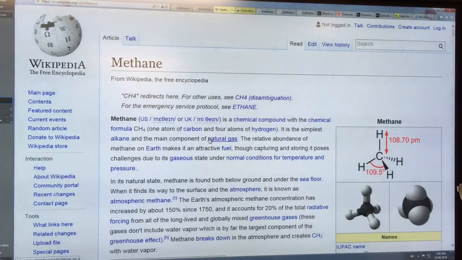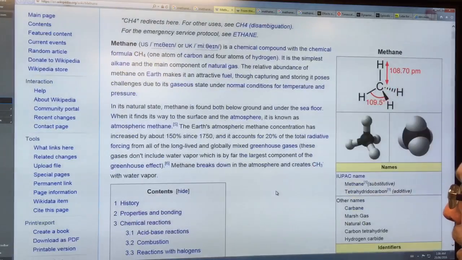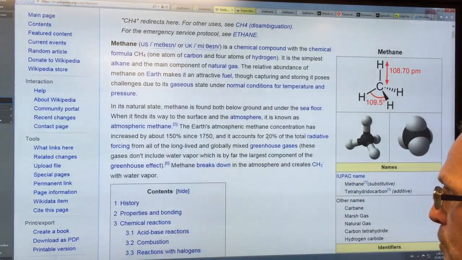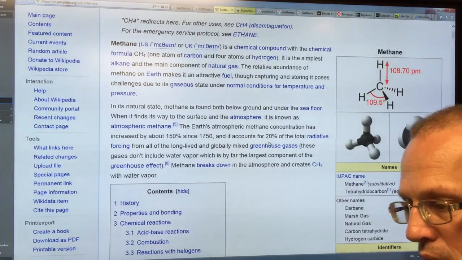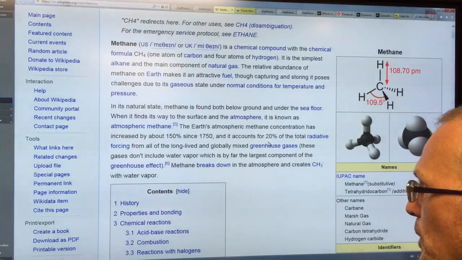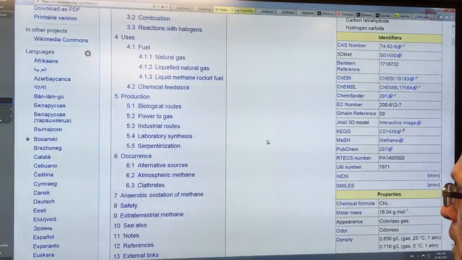But the problem is when it leaks, then it causes a lot of warming. It's a very powerful greenhouse gas. It's found both below the ground and under the seafloor. It accounts for about 20% of the radiative forcing of the greenhouse gases. So it's not warming as much as CO2 at the moment, but it's causing a significant amount of warming.